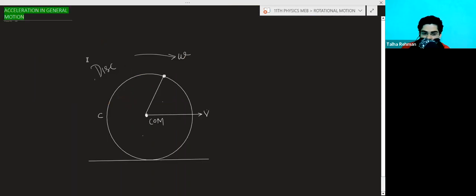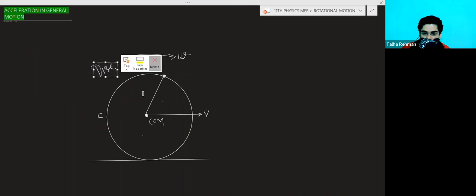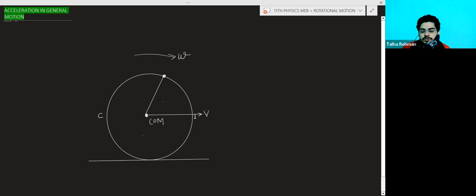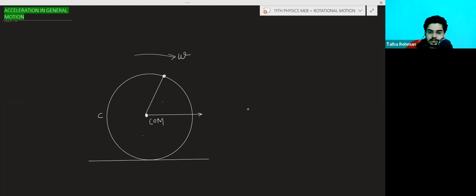Okay, so I am taking again this point, and this is the velocity of center of mass, and this is moving linearly and rotating at the same time with an angular velocity of omega. And this is any general point where we want to find the, sorry, this is not the velocity, this is the acceleration of center of mass.